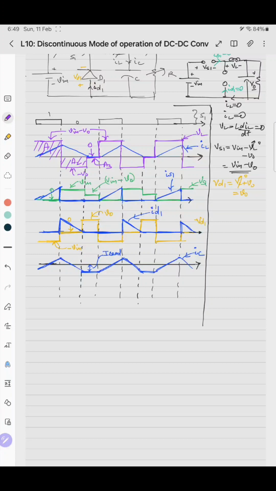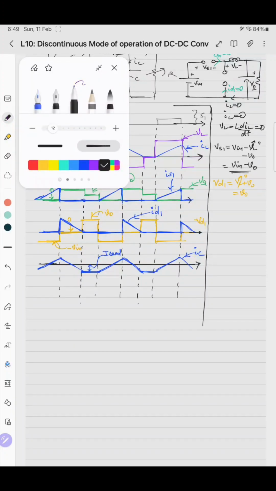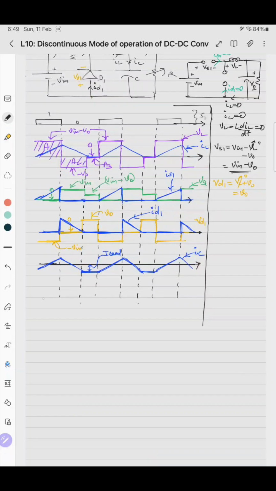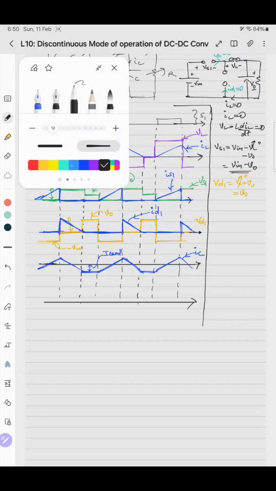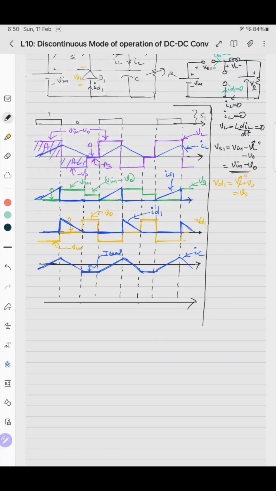Now we'll draw the last waveform, that is the voltage across the capacitor. I'll draw in black only.